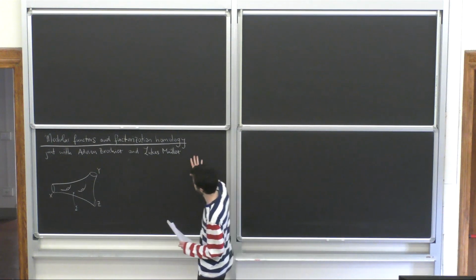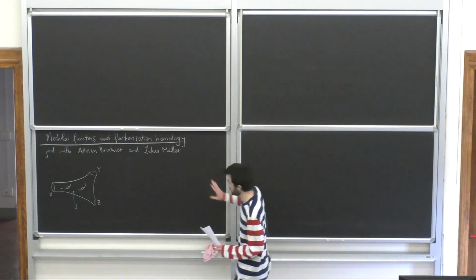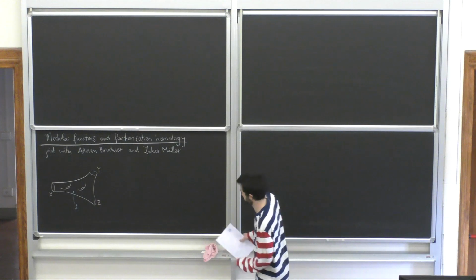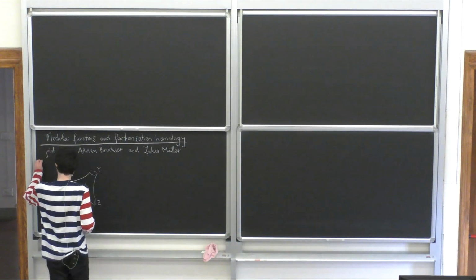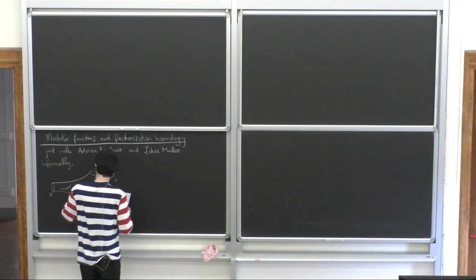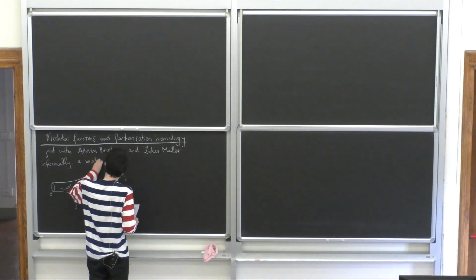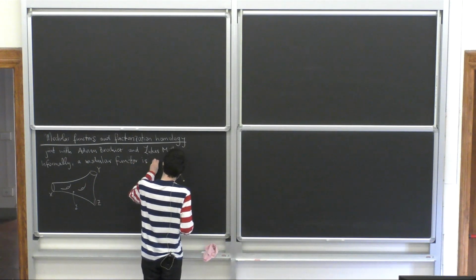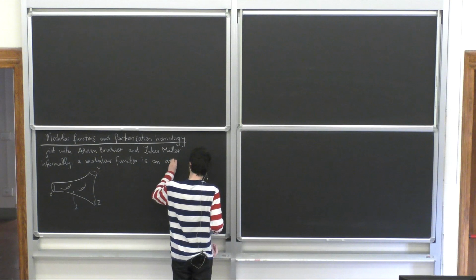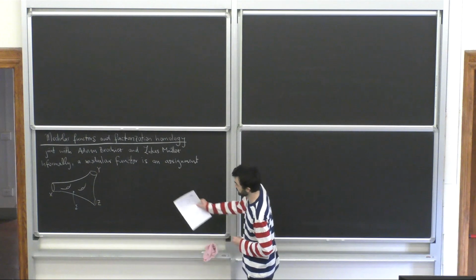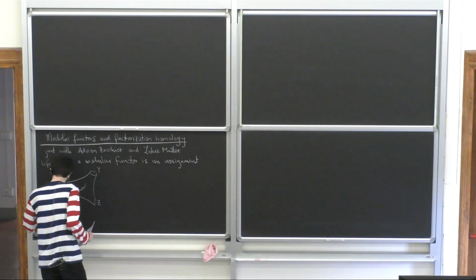So I should probably start by explaining very roughly what a modular functor is, and I will give an informal definition first. Informally, a modular functor is an assignment that takes a surface like this one, possibly with boundary.